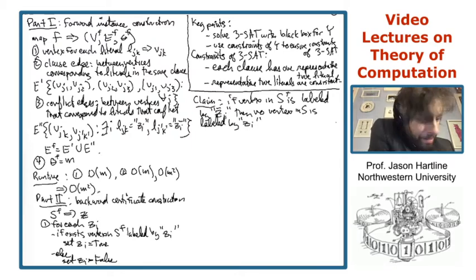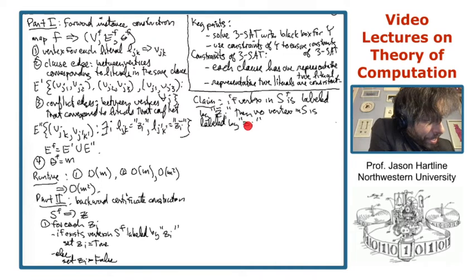Okay, and why is this? Well, S is an independent set, and by our construction, we have edges between every zi bar and all the vertices corresponding to literals corresponding to zi.